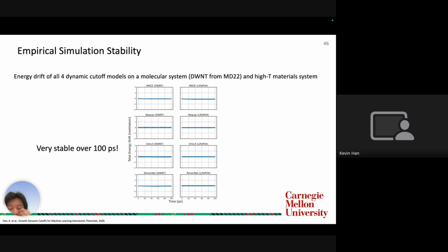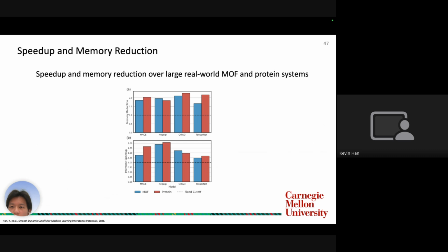We do an experiment. So we had the proof on differentiability, but we also need to do an empirical simulation stability study, kind of a mini study. We do these simulations at 100 picoseconds. This DWNT is the double wall nanotube system from MD22. And then we also simulate a lithium iron phosphate system at 3000 Kelvin, just to battle test the dynamic cutoff under the stress of a large number of neighbor switches across 100 picoseconds, and we find it's very stable.